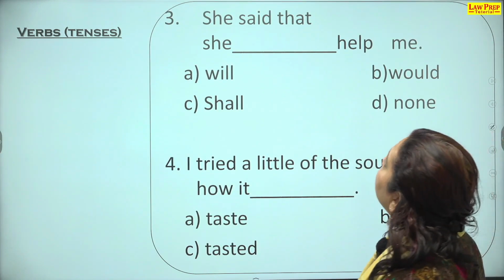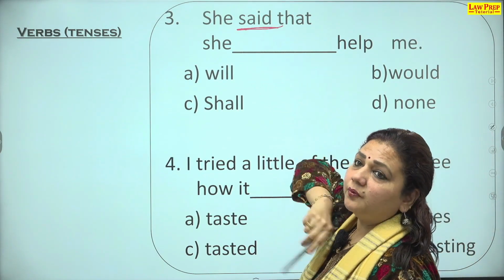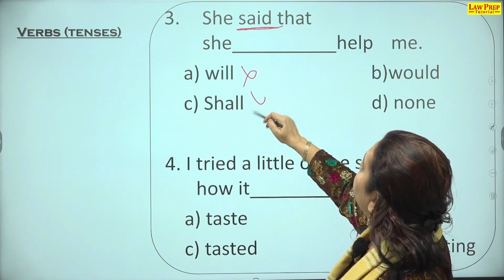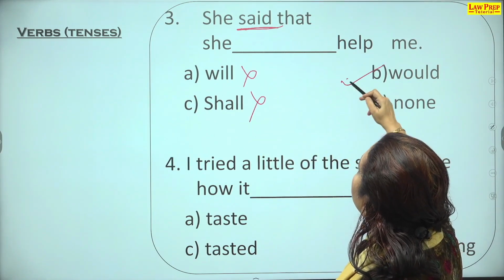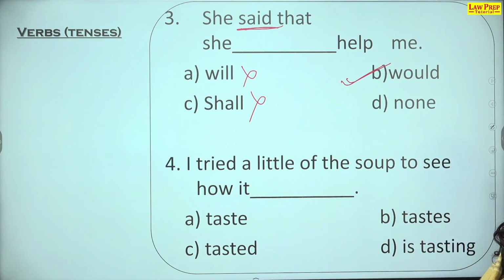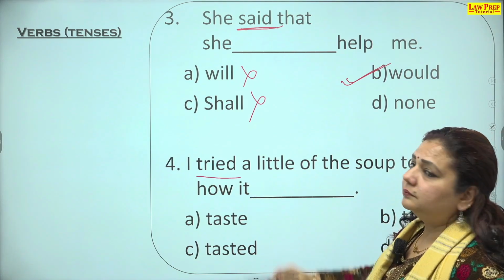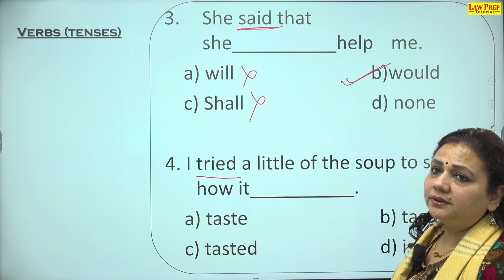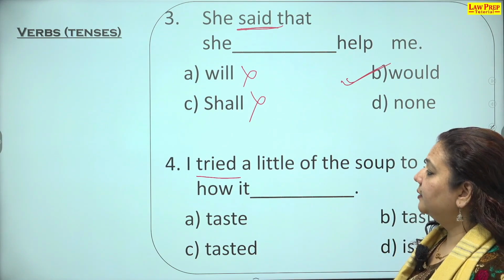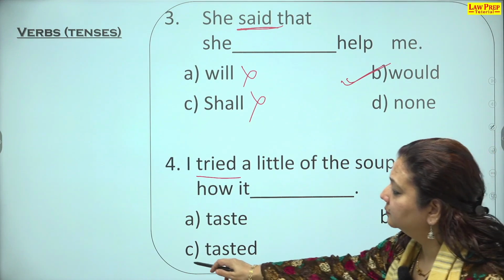She said that she dash help me. Can you see this is past tense? So we will not have present tense. The correct answer would be "would". How did I choose? Just by applying present and past. Next is, it is past tense, "tried". So we need a past tense in the answer.